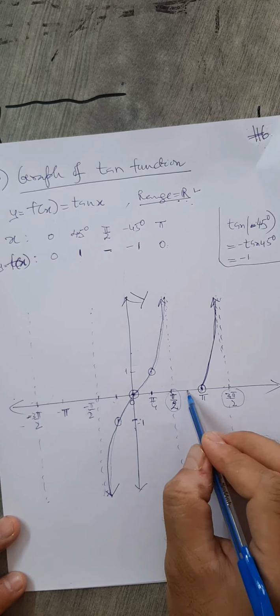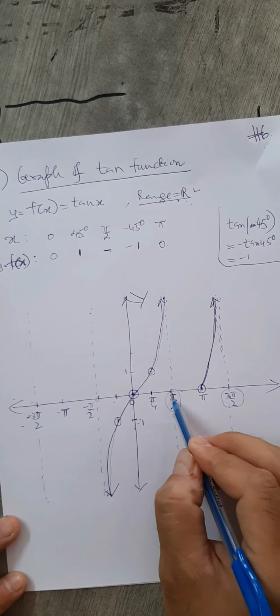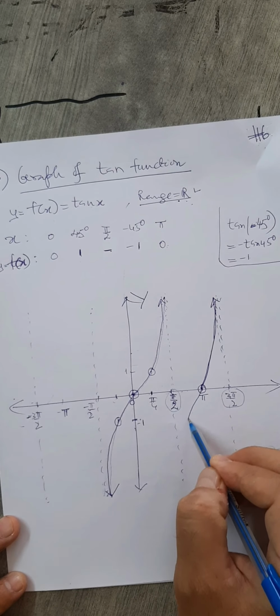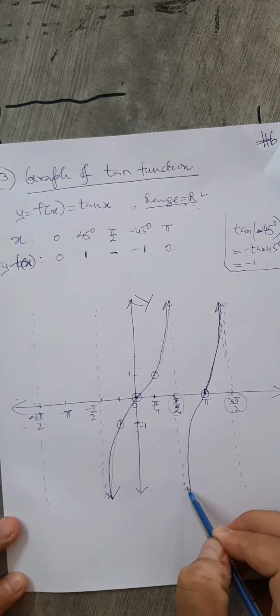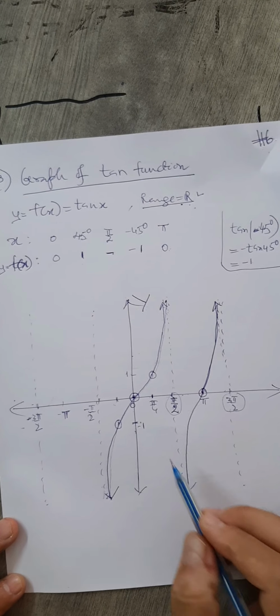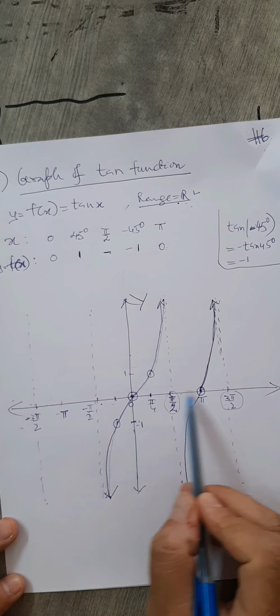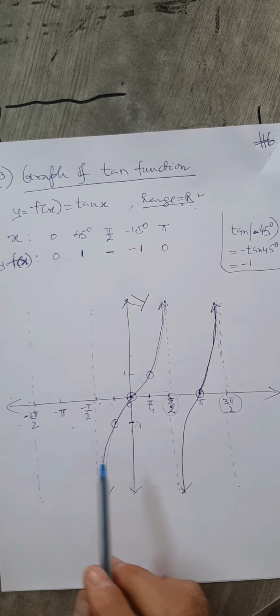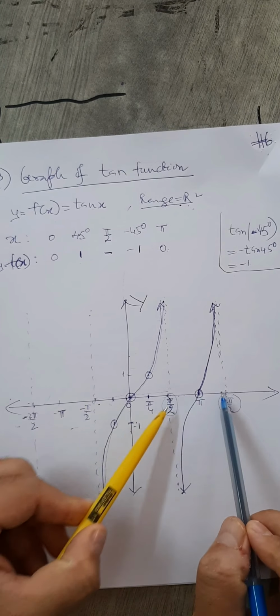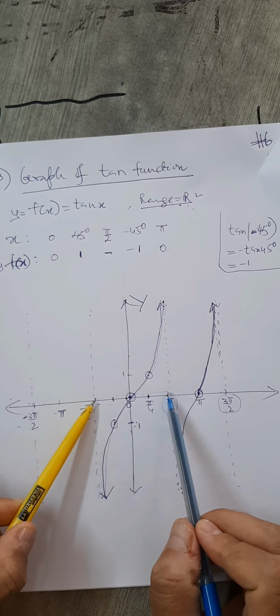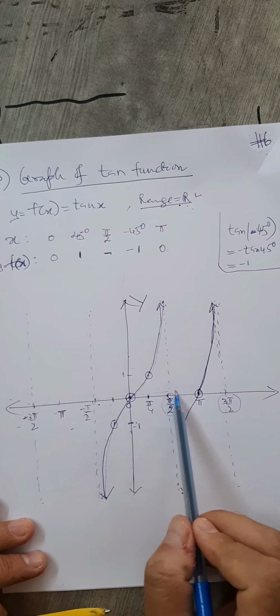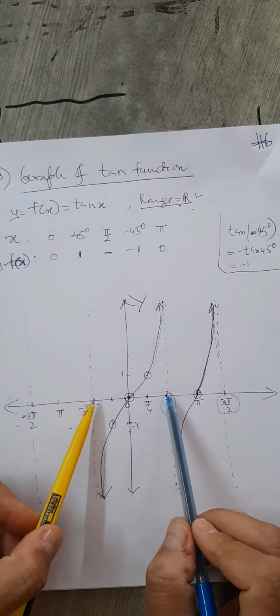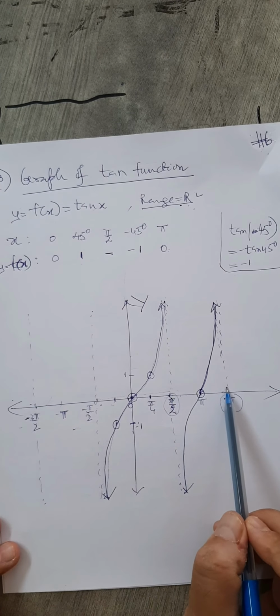Then here you can take the value pi by 2, but now here it would be negative, so it would be this. So what have you realized? This is just the replica of this, minus pi by 2 to pi by 2. You cut this and you paste here. This is a little bit broader because I took the values in this way. But this portion is just the copy of this.